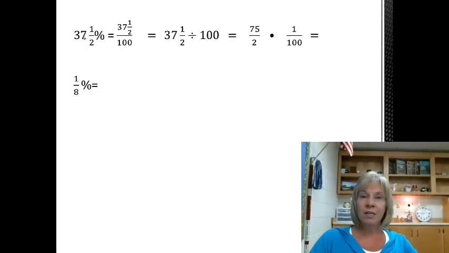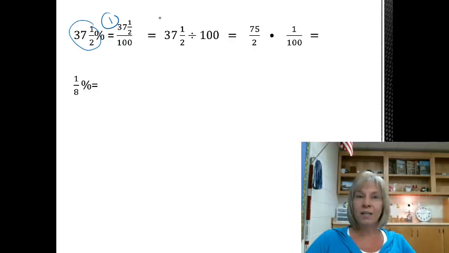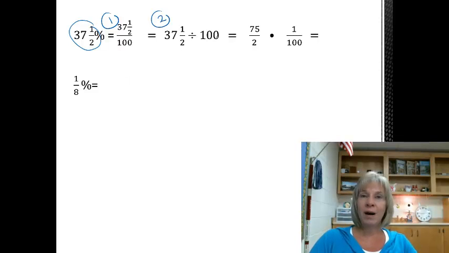Since percent means over 100, I took my 37.5 and I put that over 100. Step one. Second step. Since fractions always mean division, I divided by the 100. So 37.5 divided by my 100.